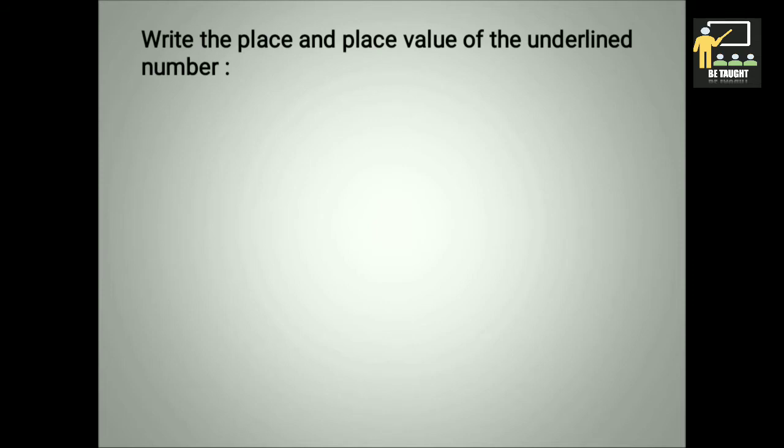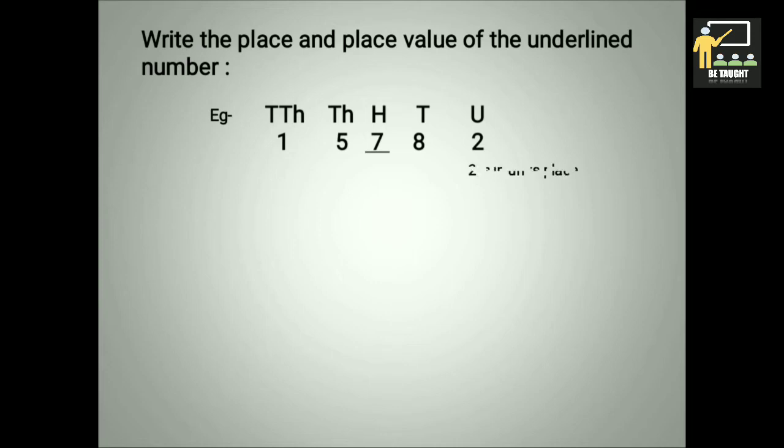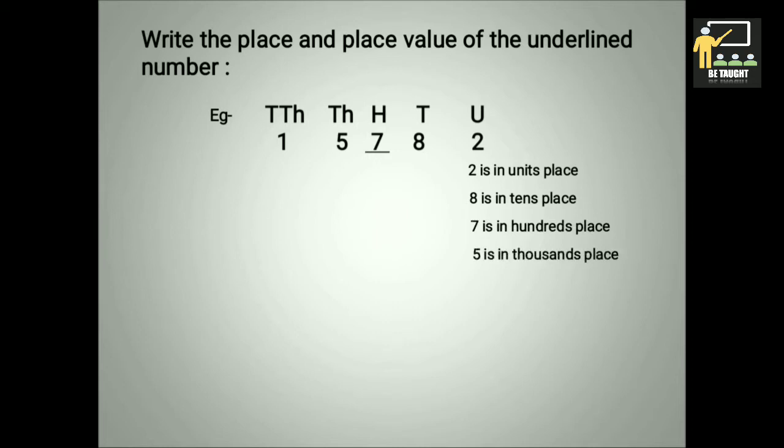Write the place and place value of the underlined number. For example, 15,782. First we'll write the place, and the number 7 is underlined over here. So first we begin from the units place. 2 is in the units place. 8 is in the tens place. 7 is in the hundreds place. 5 is in the thousands place.